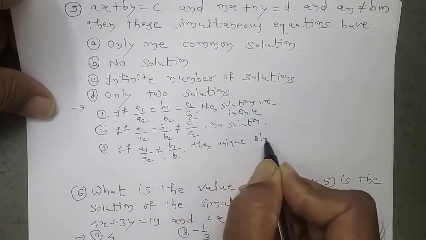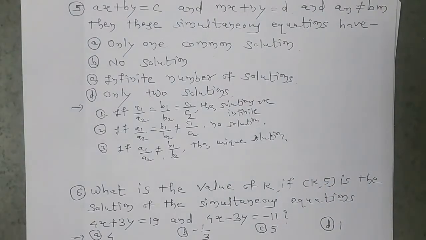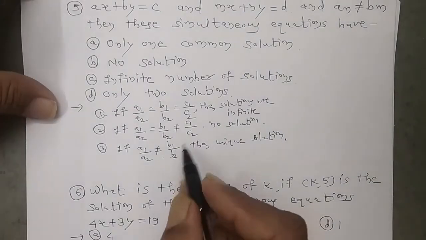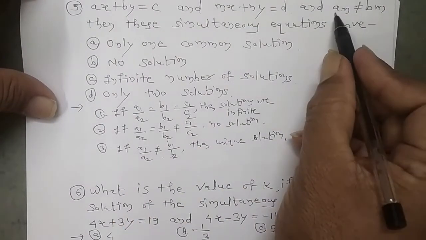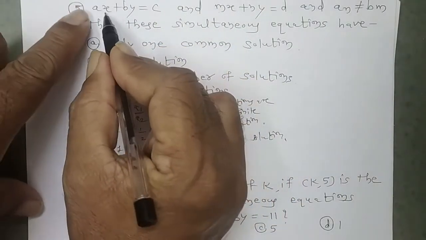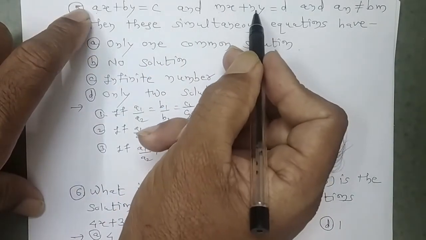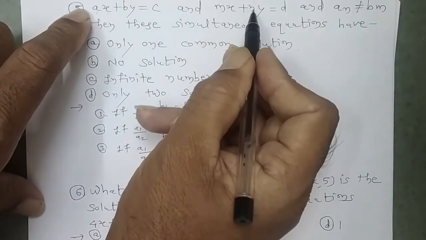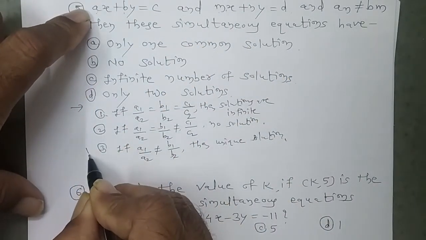These are the three conditions. Now in this example we have given a1 into b1, that is a into m, a into n, coefficient of x into coefficient of y. an is not equal to bm, that is the third condition.